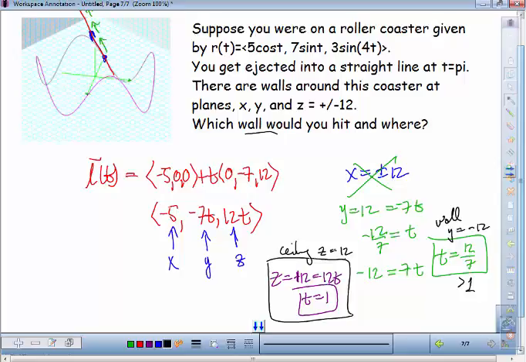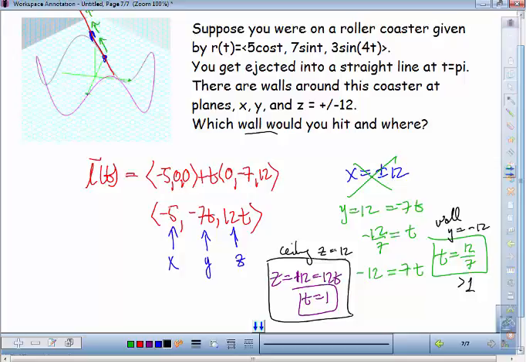Okay? So this would be a typical problem that you would see on a test. Not exactly like this, but something like this, where it goes through a process of finding things and then using that to go to the next step.